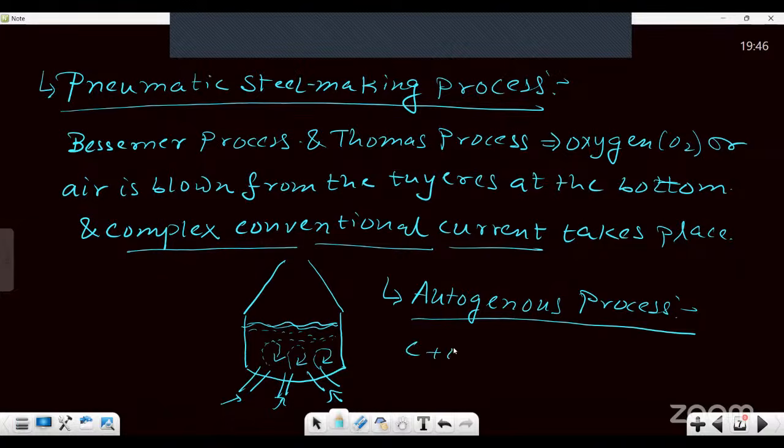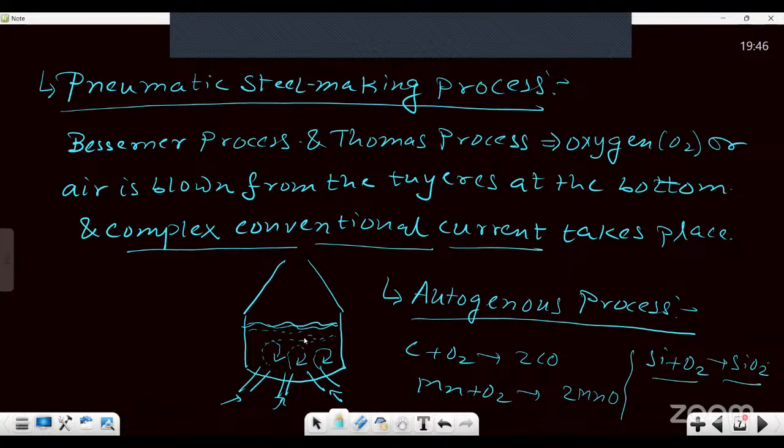For example, carbon is getting oxidized and forming CO. Likewise, manganese is getting oxidized to MnO, phosphorus is getting oxidized to P2O5, and silicon is getting oxidized to SiO2. These are all happening inside the converter when I am blowing oxygen.